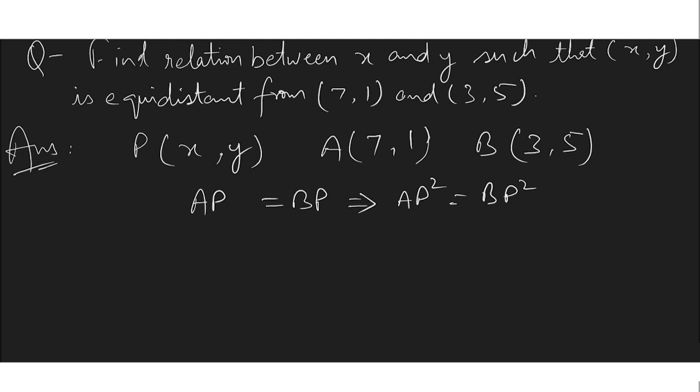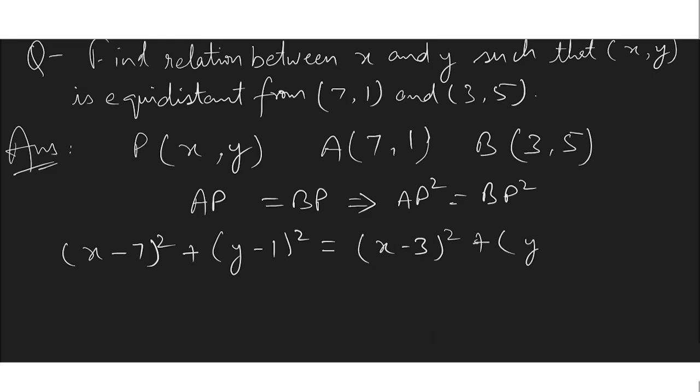Now AP square is x minus 7 whole square plus y minus 1 whole square is equal to BP square, x minus 3 whole square plus y minus 5 whole square.